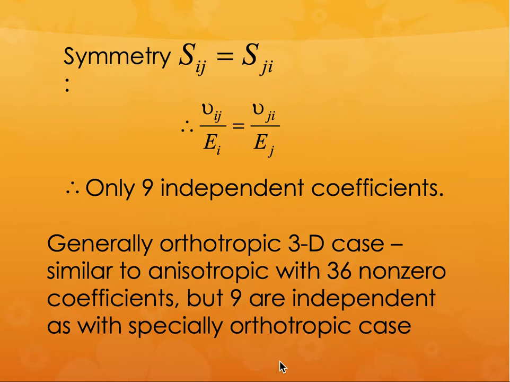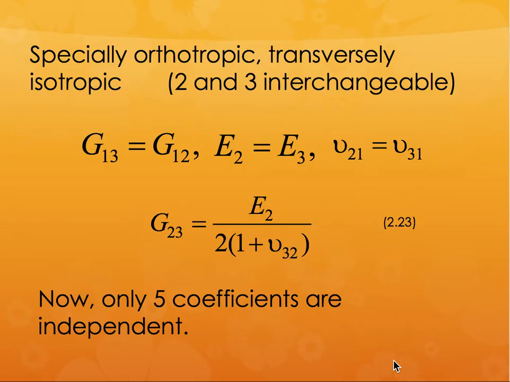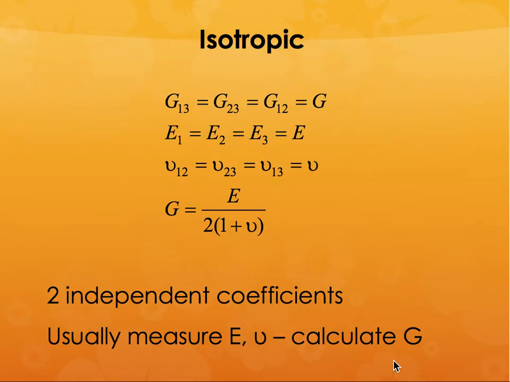That is the specially orthotropic case. Similarly, you have other cases such as transversely isotropic and so on. I won't go too much into detail; I'm not really sure that you are going to be that interested in this.